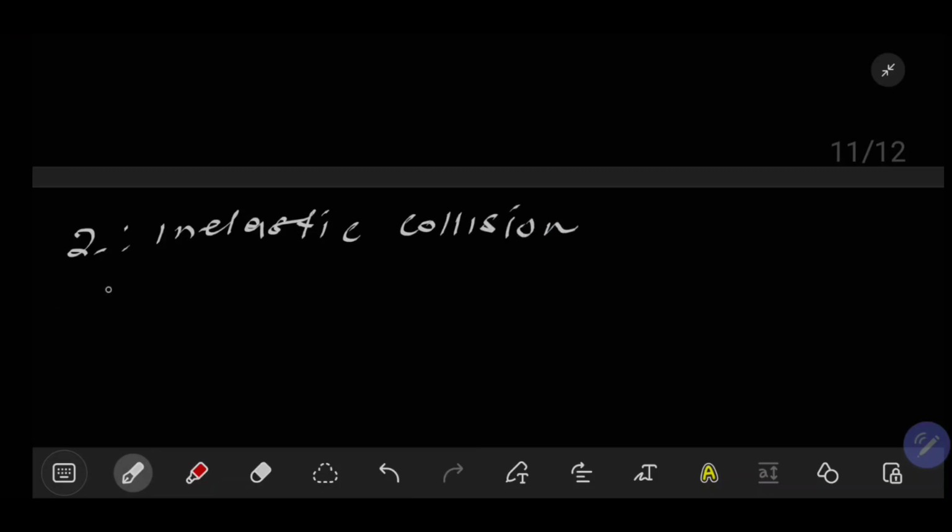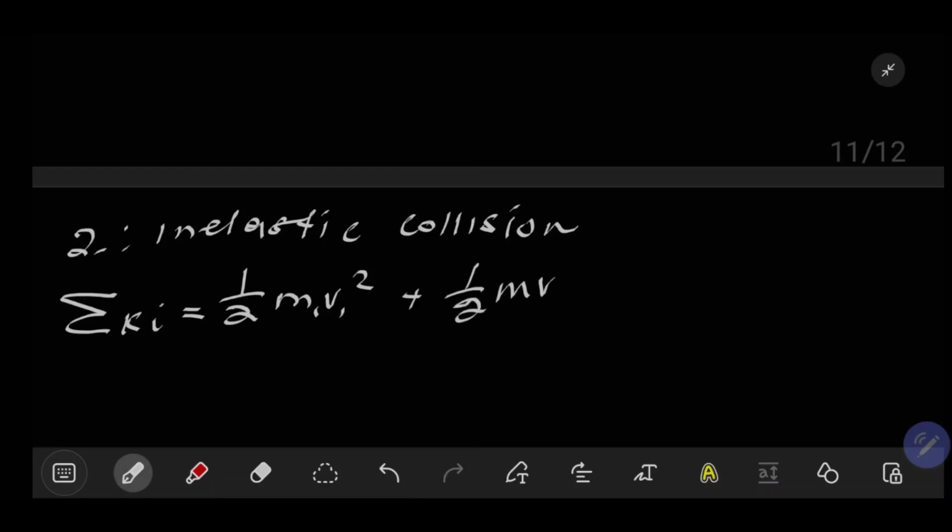Then for the second question, we're going to say for inelastic collision, we have to calculate the sum of the kinetic energy before. So we're going to have half mv squared for the car, plus half mv squared for the minibus.